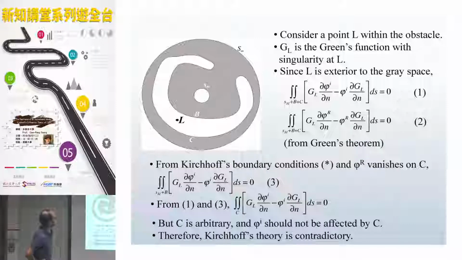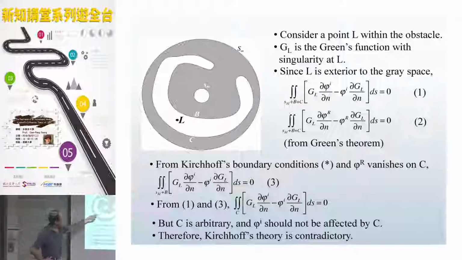And moreover, let's consider another scenario in which we have exactly the same surfaces, B, C, and the sphere Sm surrounding the point source. But now, instead of considering the point of observation in the space, we consider a point L, which is in the obstacle, between B and C. And that forms the Green's function with the singularity at L, GL.